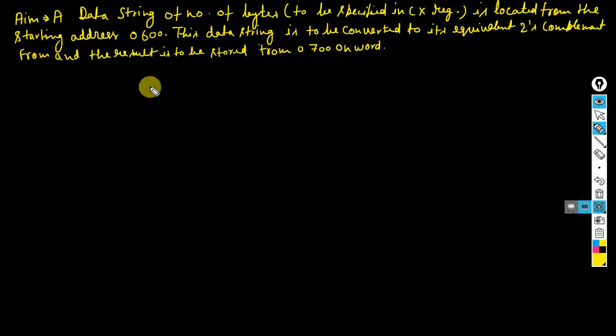So our aim in this problem: a data string of a number of bytes is located from the starting address 0600. This string is to be converted to its equivalent 2's complement form, and the result is to be stored from 0700 onwards.